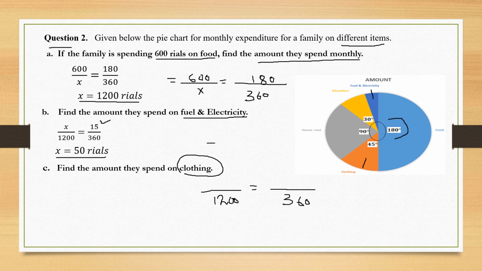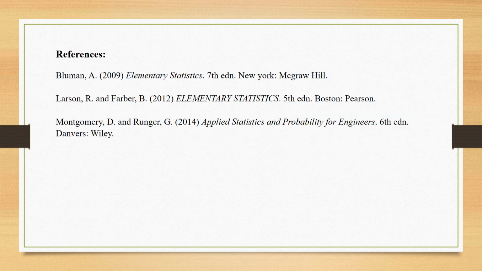The angle for clothing is 45 degree. Here we need to find out the amount. After calculation, the amount spent on clothing is x is equal to 150 real.